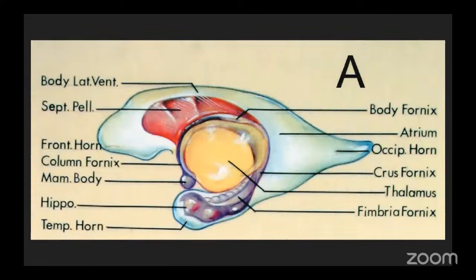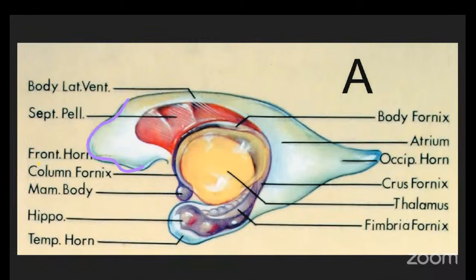This is a very easy illustration from Rhoton. Almost all of these images are from Rhoton, but they are obviously not in the same sequence. So let's get back to our previous pattern of drawing stuff. This thing here that you see, what is this? This is the lateral ventricle, right?